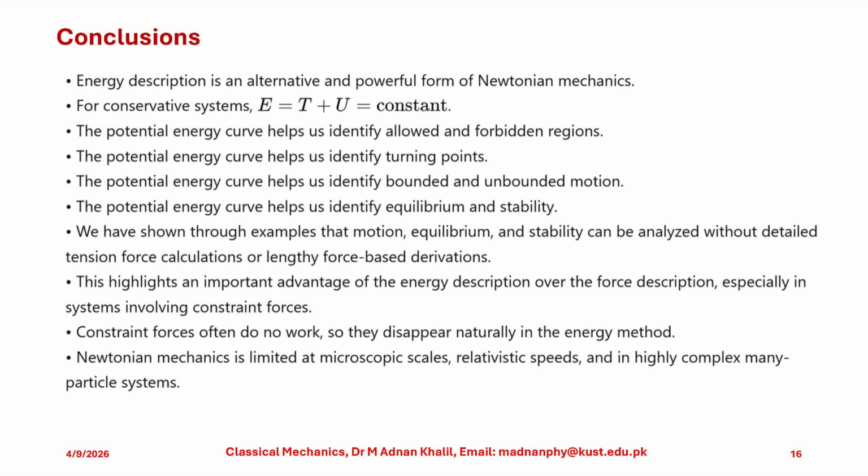We also learned an important physical reason why the energy method is so efficient in many bounded systems. Constraint forces often do not work. Because of that, they disappear naturally from the energy equations, even though they are present physically and still shape the motion.